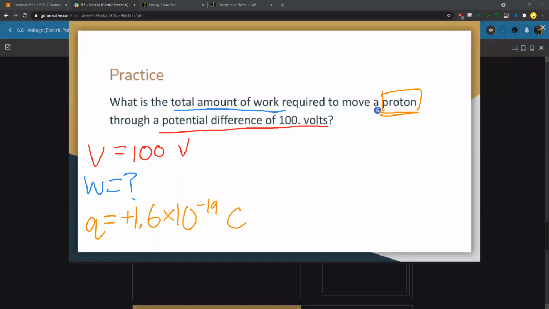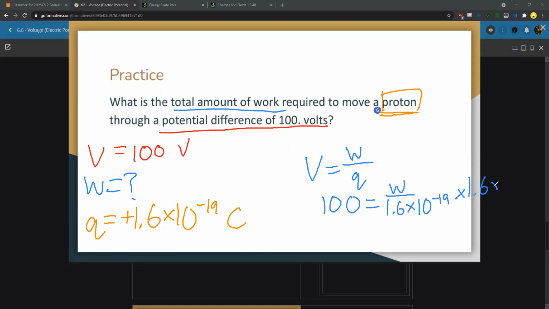You're moving a proton. So W, I'm sorry, wrong formula. V is equal to W over Q. V is 100. W is W. Q is 1.6 times 10 to the negative 19. Multiply by that number on both sides.